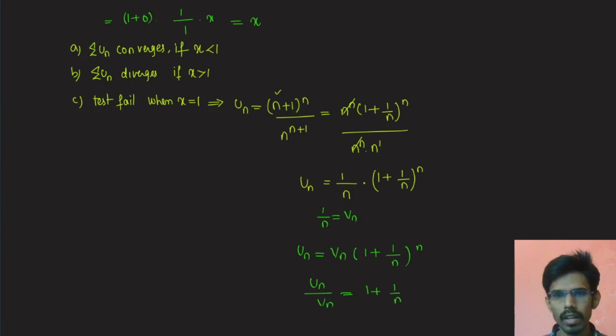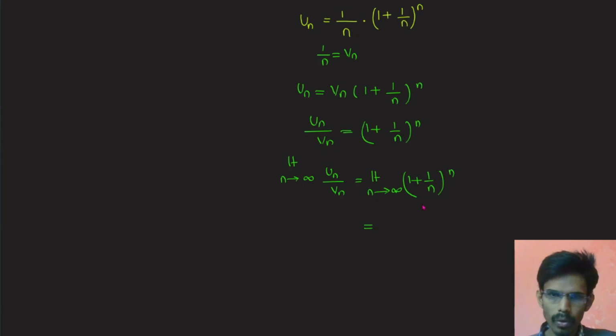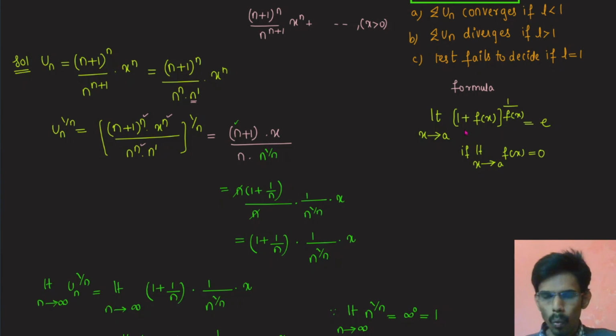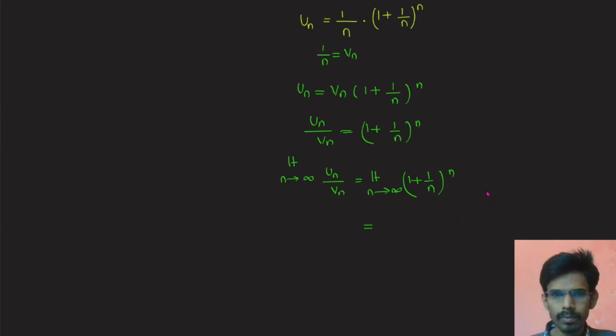Now apply limit n tends to infinity: limit of Un by Vn is equal to limit n tends to infinity of (1 plus 1 by n) whole power n. This is in the form (1 plus f(x)) power 1 by f(x), whose value is e. So this will become e.